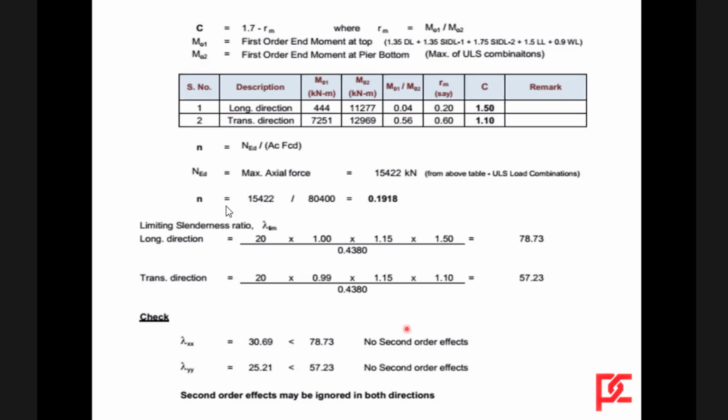Hence, second order effect is not necessary to be considered. Our pier is only about 9 meters. In fact, when the pier height becomes about 15 to 20 meters, we get second order effects. We get second order effect moments as much as about 30% of the main moments. But here in this case, there are no second order effects.